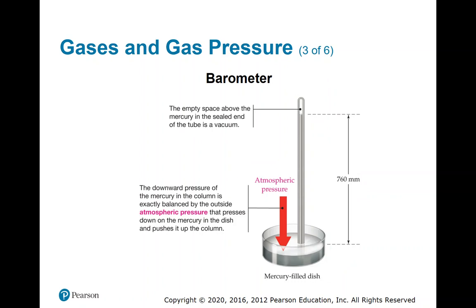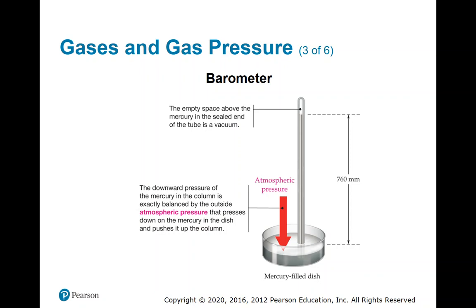Now, there are several ways to measure gas pressure. One of the most basic ones, and one of the earliest ones discovered, is a device called a barometer. So a barometer takes a dish filled with some sort of liquid. Mercury, the liquid metal, is most commonly used for this purpose for reasons that I'll discuss in a minute.